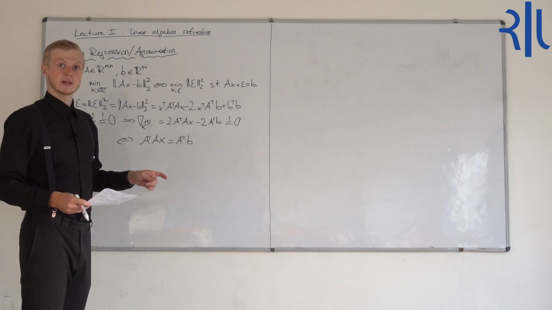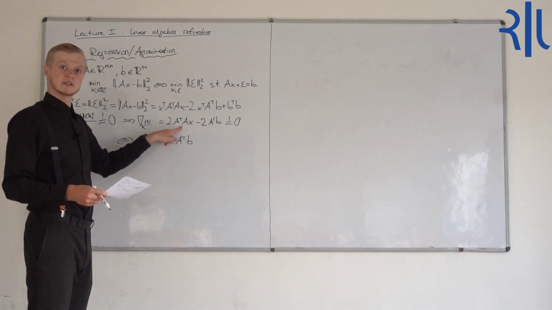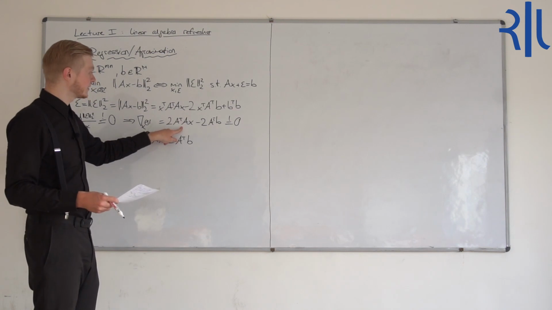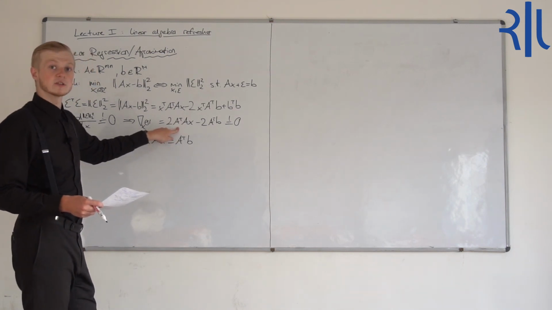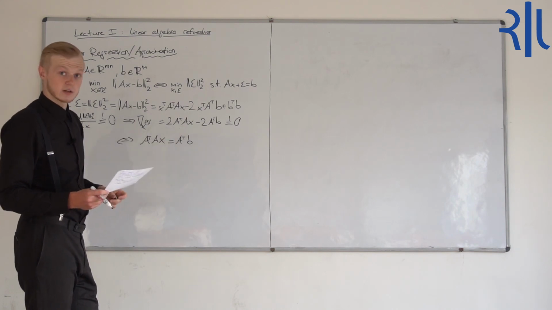And now there are a few things to note. A transpose A is symmetric, right? It allows us to apply the spectral theorem, and also we can immediately see that it must be a positive semi-definite matrix. You can easily calculate that.